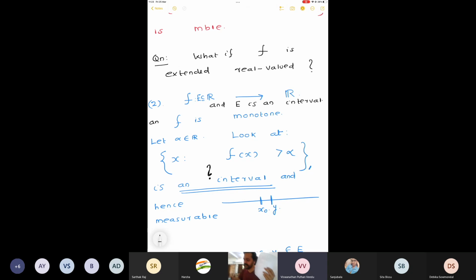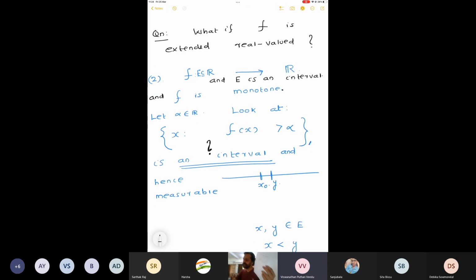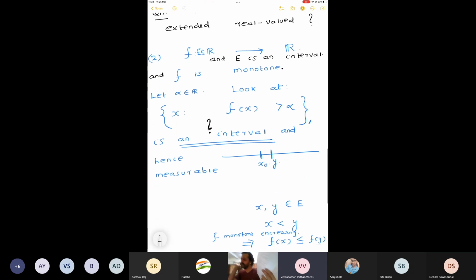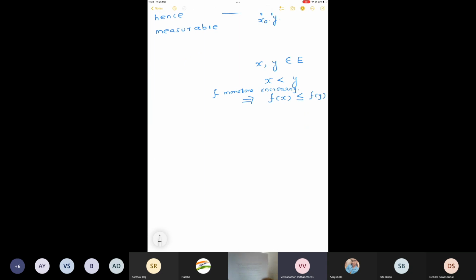And suppose f is monotone. Then because E is an interval, this part is clear. If not an interval, at least measurability I need. Otherwise, I cannot talk about the measurable function. Do you agree with it? I'm asking you, do you agree with it?